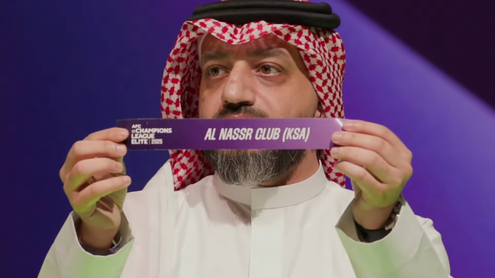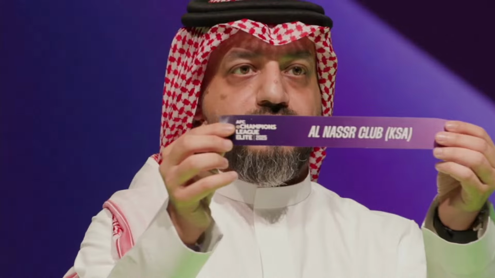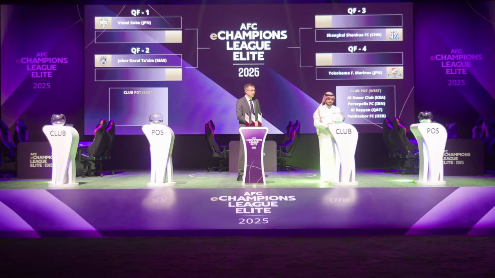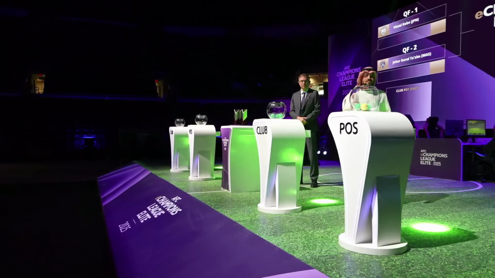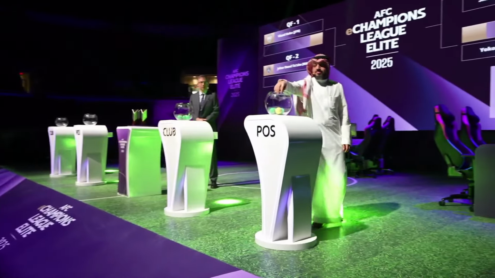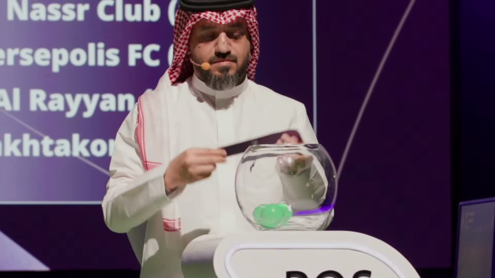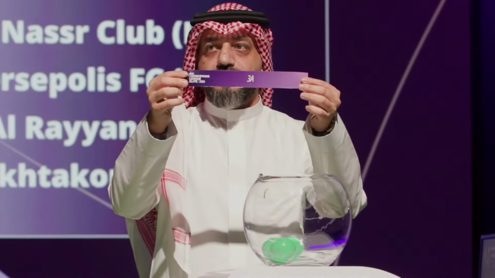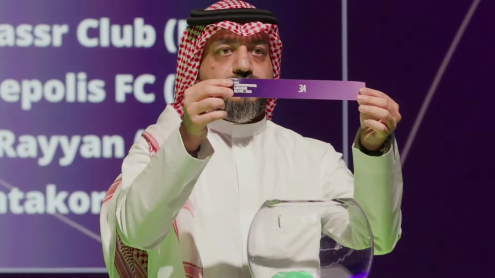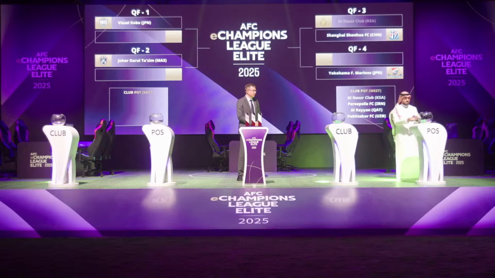Al-Nasr led the table in the league stage for the West. And their position is predetermined in the yellow ball. A, which is 3A. Al-Nasr, Saudi Arabia, 3A.